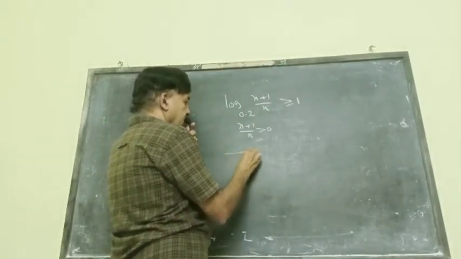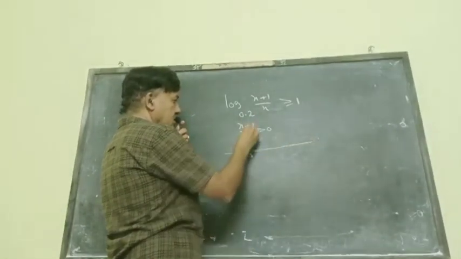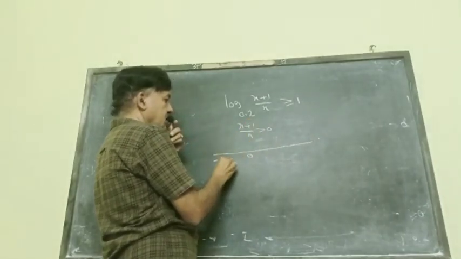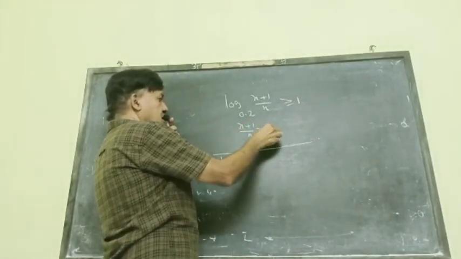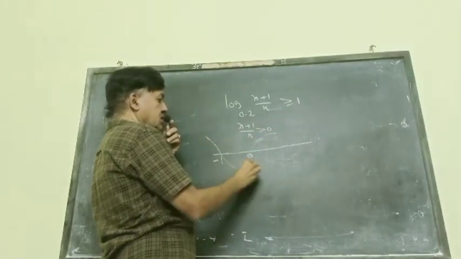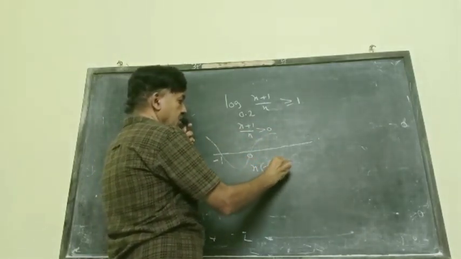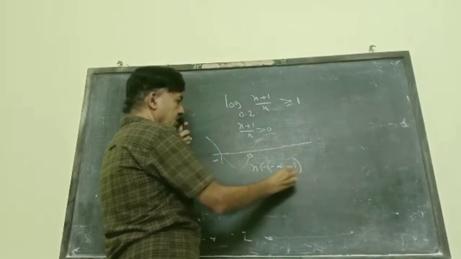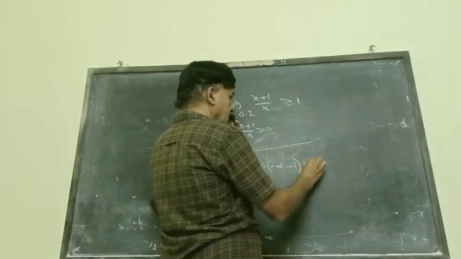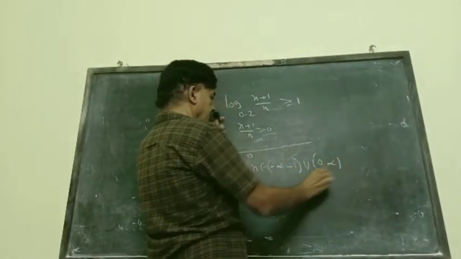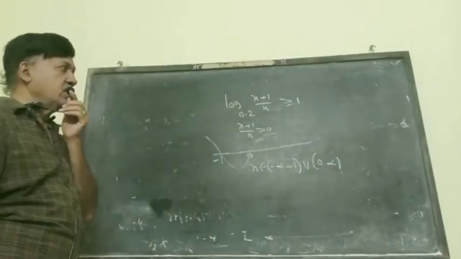So you can draw the wavy curve. So 0 and here what? Minus 1. When x is greater than 0, all are positive, we will have like this. So x belongs to minus infinity to minus 1, union 0 to infinity. This is the domain of the inequation.